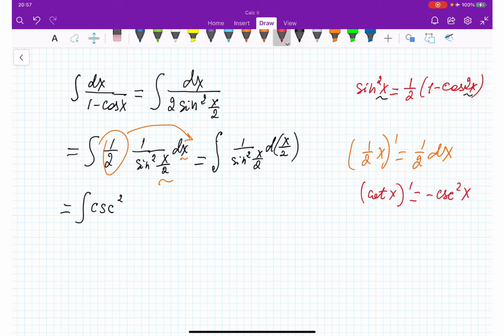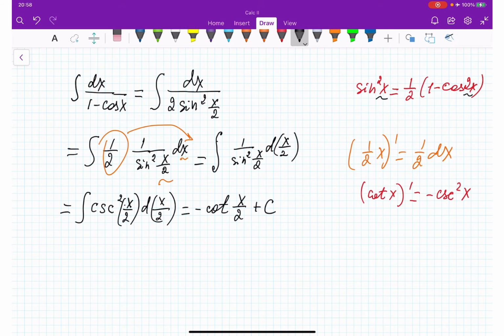That's why I'm using it, because I don't have any direct derivative for 1 over sine squared half of x. So this is the easiest way to go. The cosecant squared of x over 2 and dx over 2. So this is going to be equal to negative cotangent half of x plus c. Okay?